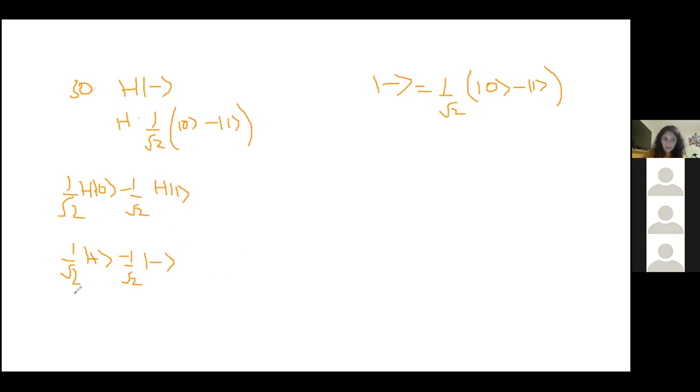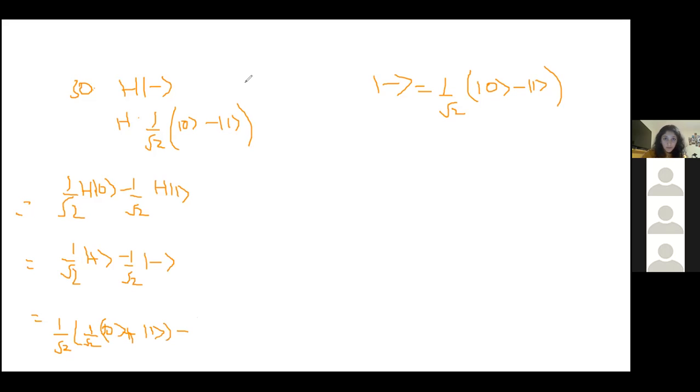Right, and again, we know what the plus and minus states are, so we can expand this a little bit further. So we can write that out as 1 over root 2, and then the plus state is 1 over root 2 times 0 plus 1, and then take away, if I put brackets, because we have another 1 over root 2 here as well, so let me simplify that.